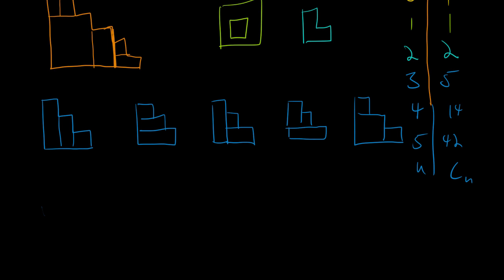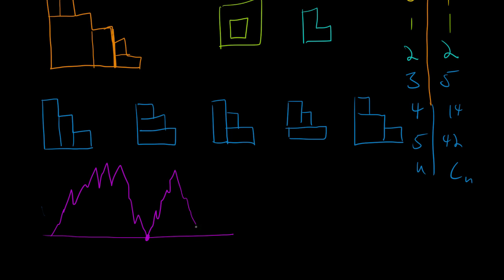And the key with mountain ranges is you have some mountain range, and it may go down and touch the horizon at some point, and then it'll go back up, it might touch the horizon again. Every mountain range, after its initial position, touches the horizon at least once.